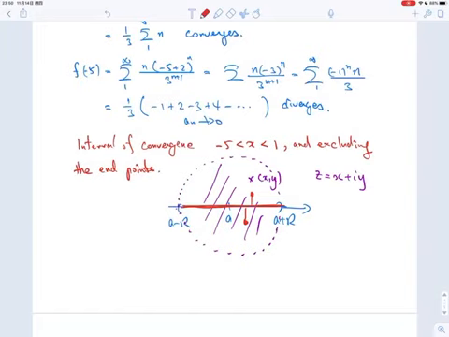And so if you know where the center of this circle is, namely in this case A, and I tell you the radius, then you automatically know that the power series will converge in this whole circle, centered at A of a given radius.